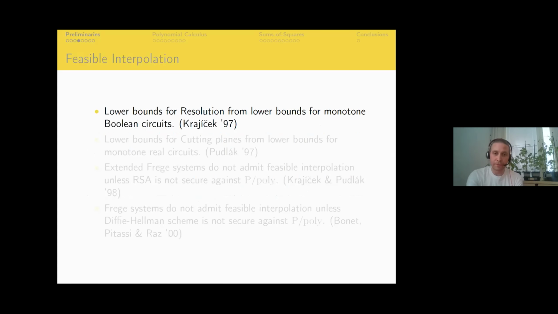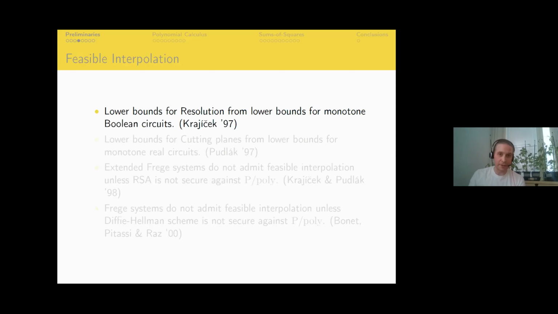Originally, the first lower bounds obtained by this were by Krajicek in the original paper for resolution, from lower bounds on monotone Boolean circuits.